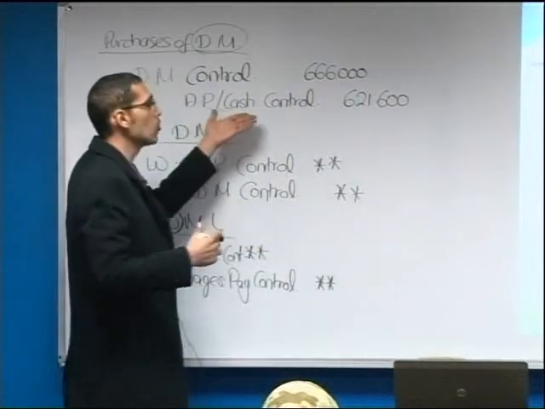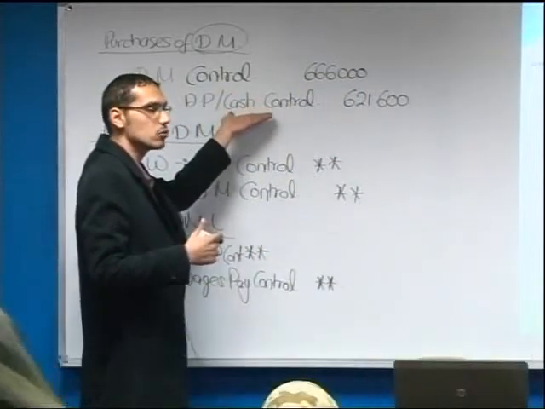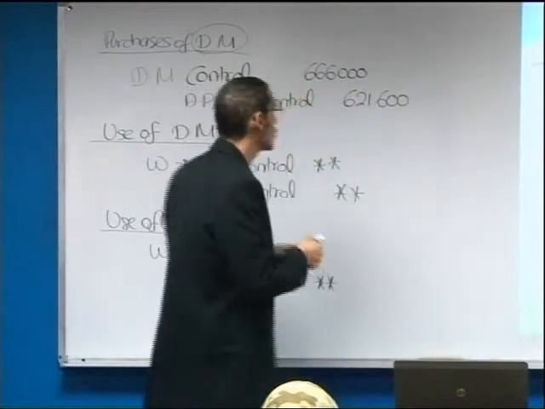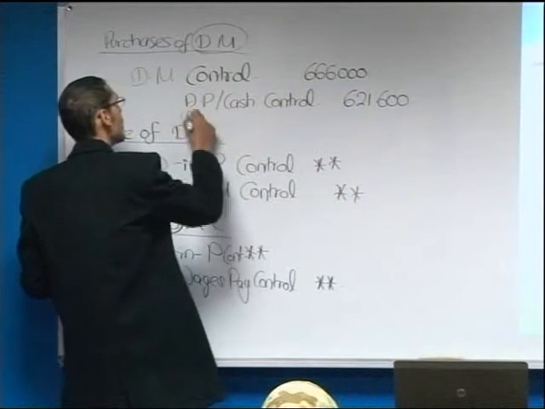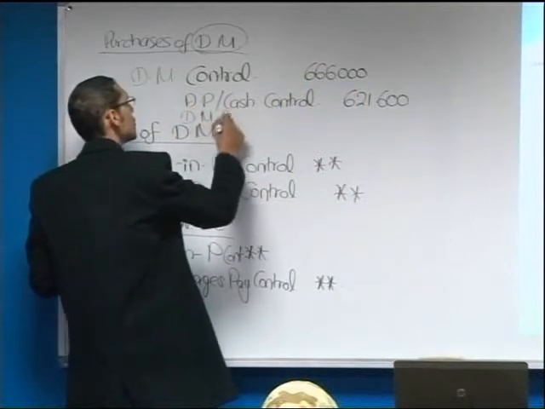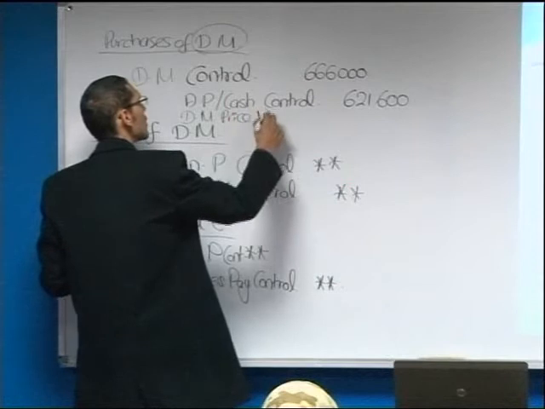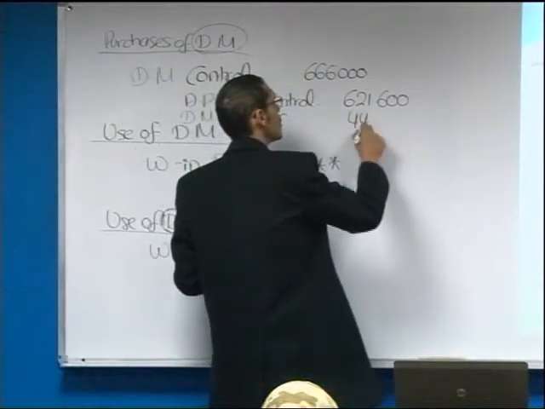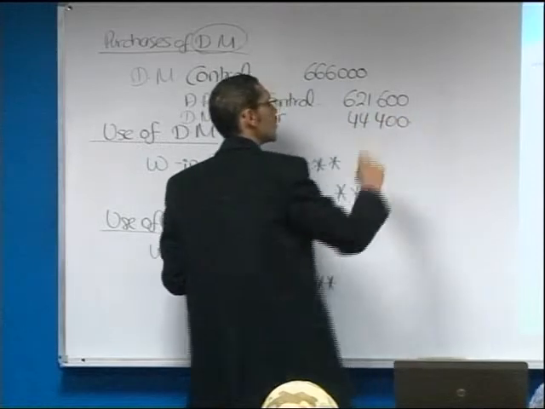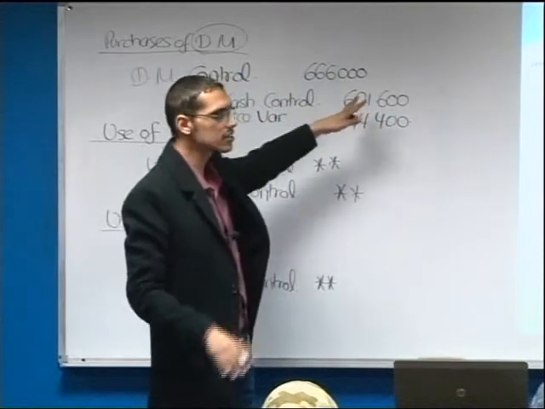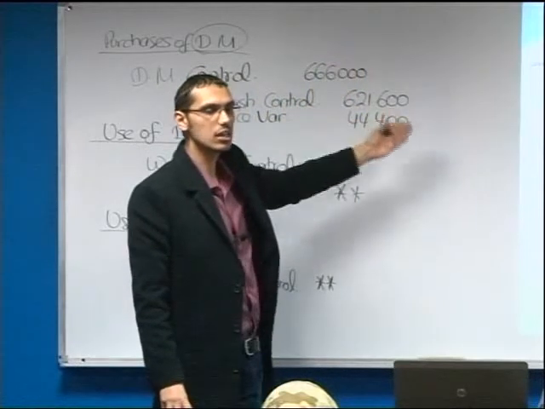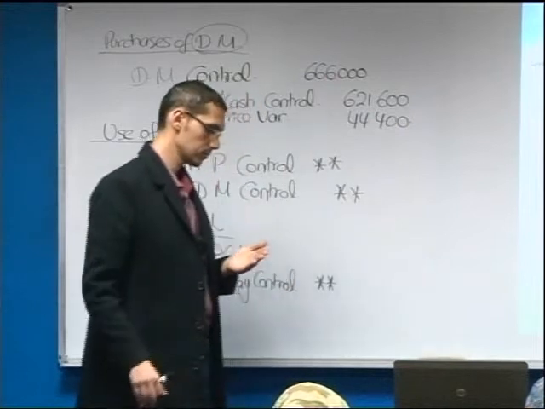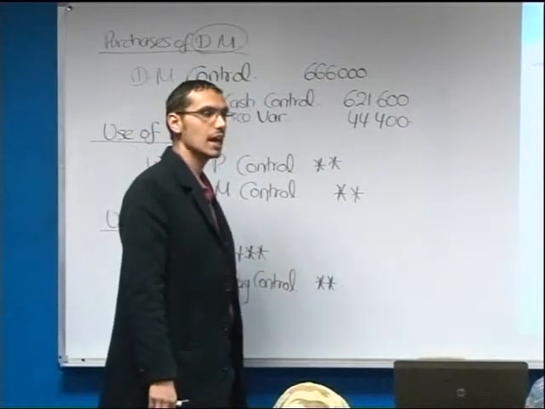Therefore, we are going to add a new account to this journal entry, the direct materials price variance, by the amount of 44,400. In this case, the debits would equal the credits. Any questions?